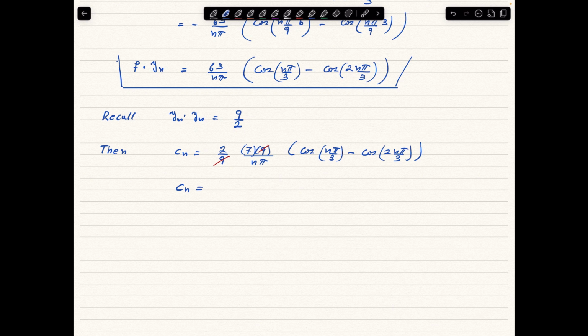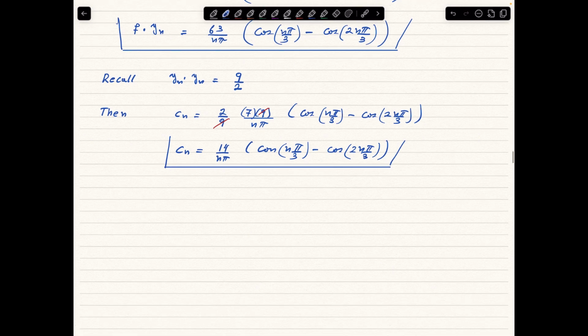Cn is going to be, well, 14 is only one little step, but let's find the final expression for the coefficient. Okay, this is our coefficient Cn. And then we have our expansion. Recall, this is the expansion of the function f of x, which is going to be now a sum starting with 1 to infinity.